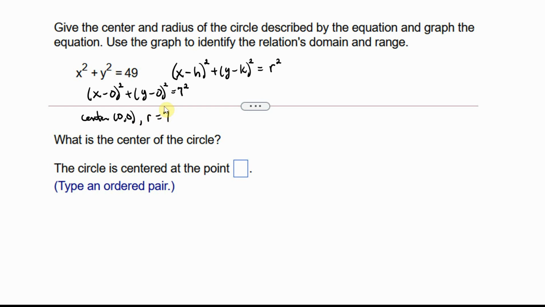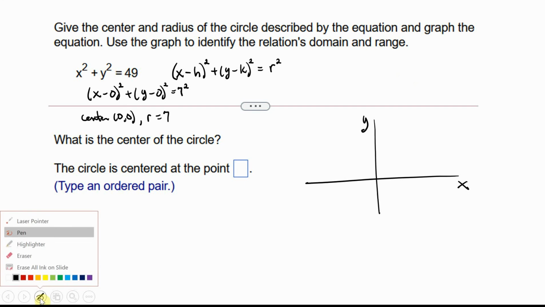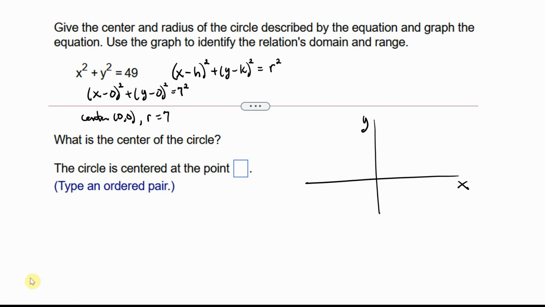Does that make sense? Okay. So the center is at the origin, and then we go out to 7, and then you just draw your circle.